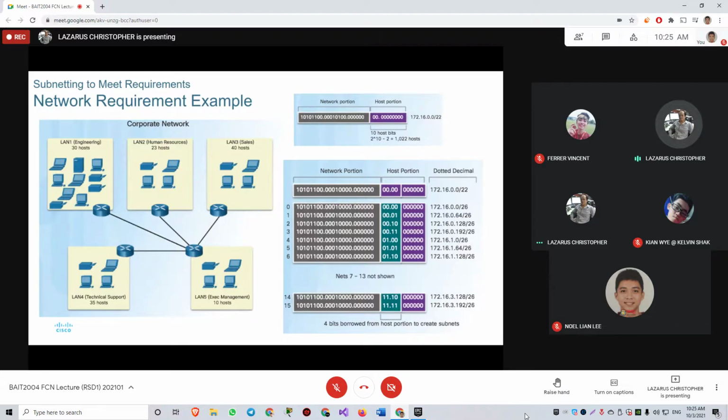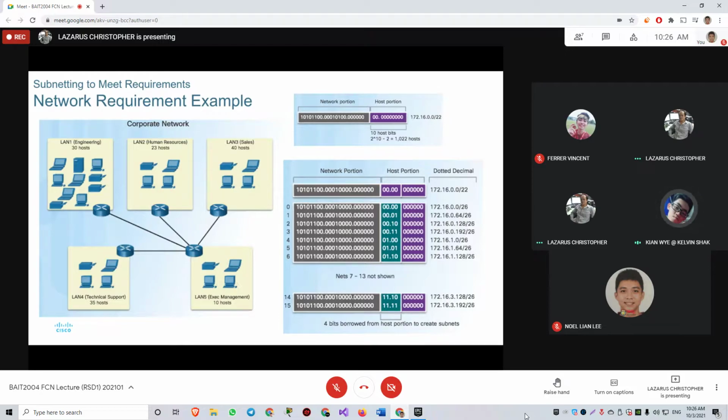So here, the first thing I want you to notice is that we have different prefixes. One is /22, one is /26. So we are actually subnetting again the subnetted content, or the original subnet that you created.